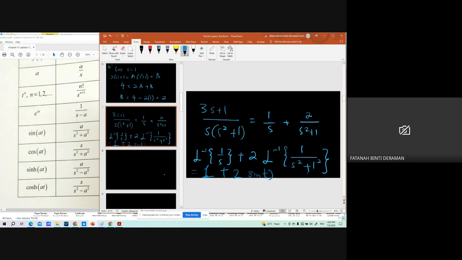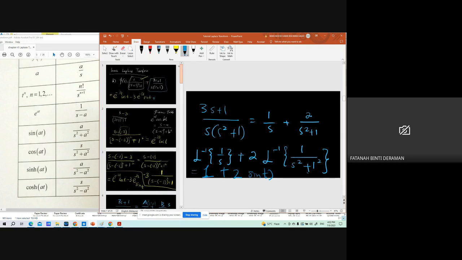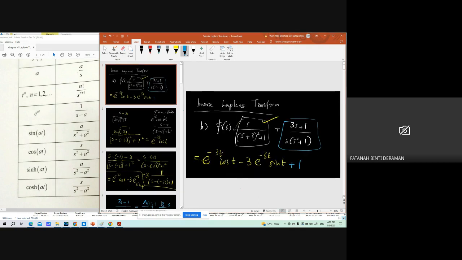So now we can combine all together. We will have 1 plus 2 sine t. Okay, the answer is 3 sine t. I'm not sure, maybe I made a mistake.